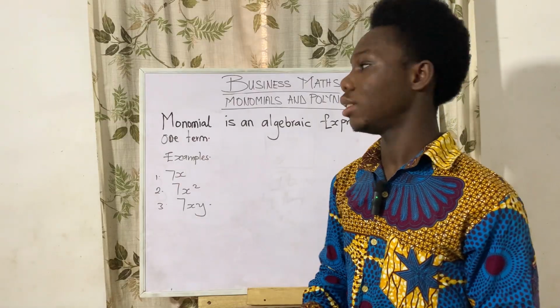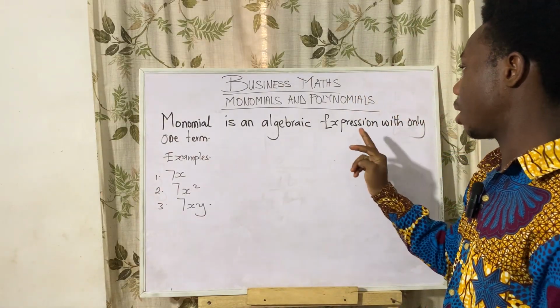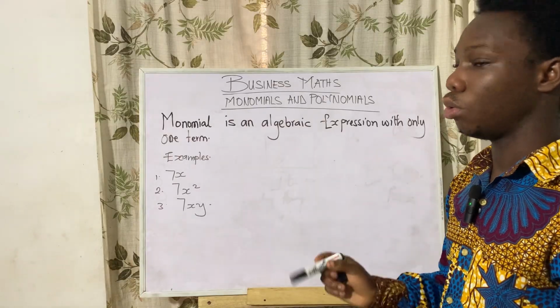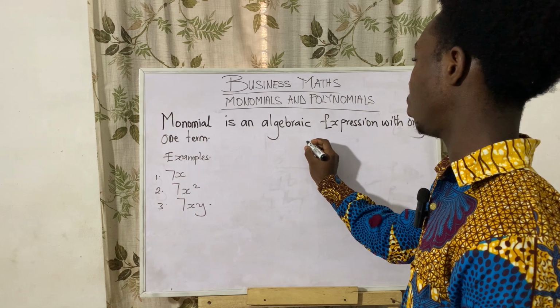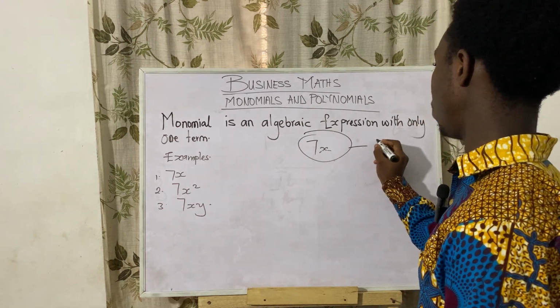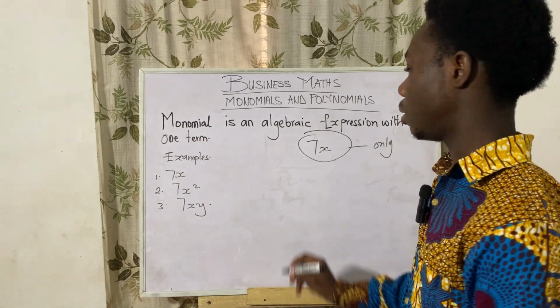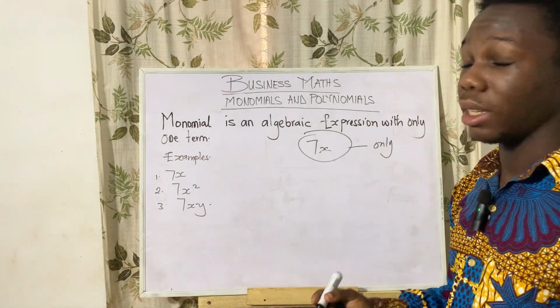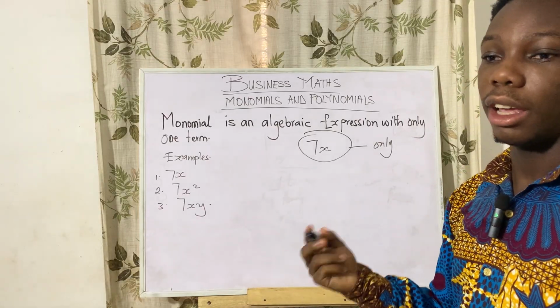In our definition, we said a monomial is an algebraic expression with one term. So to identify a monomial, it must have one term. That is the 7x we have over here. It has only one term. Then it should also have a whole number exponent.